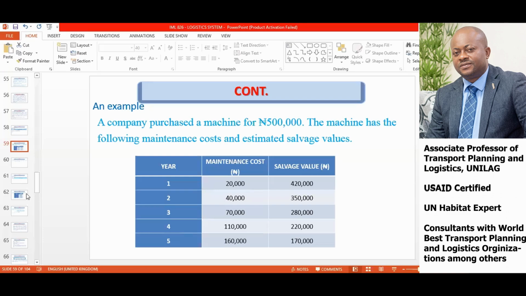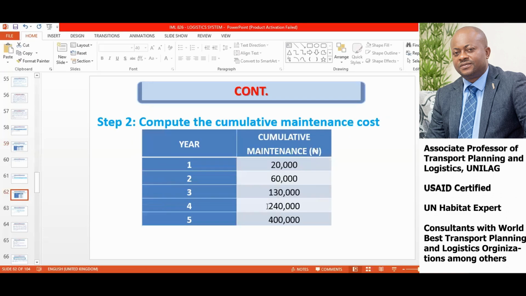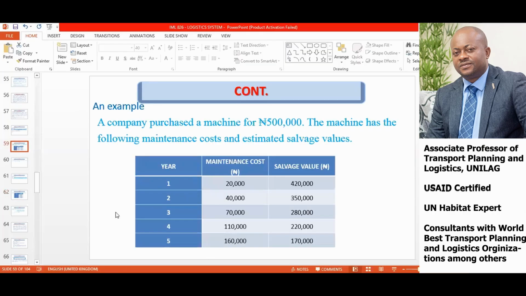Okay. 70 plus 40 will give us what? 130. On number 4, what figure do you have on maintenance? Check your maintenance table that you copied. 110,000. Number 4, you have 110.